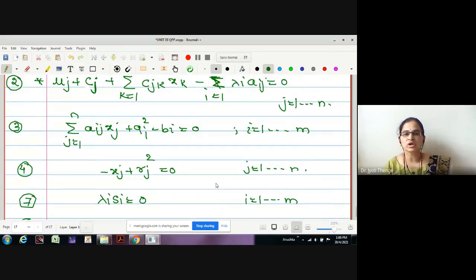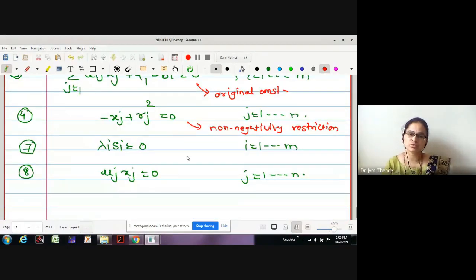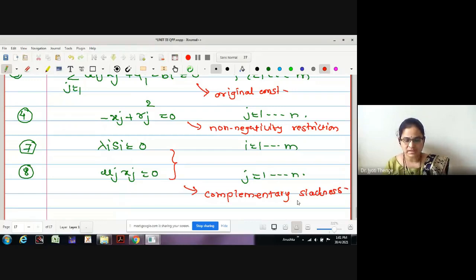These are my Kuhn Tucker conditions. These are my original constraints. These are my original non-negativity restrictions. And these two together are called the complementary slackness conditions.